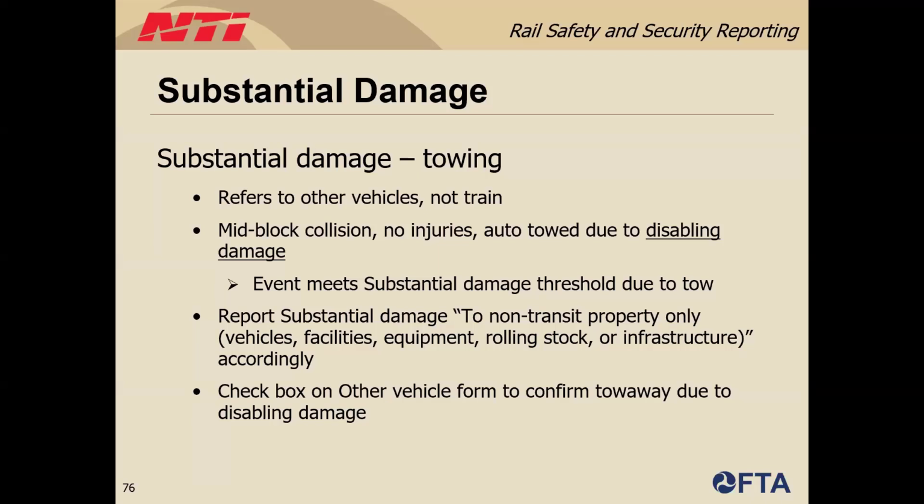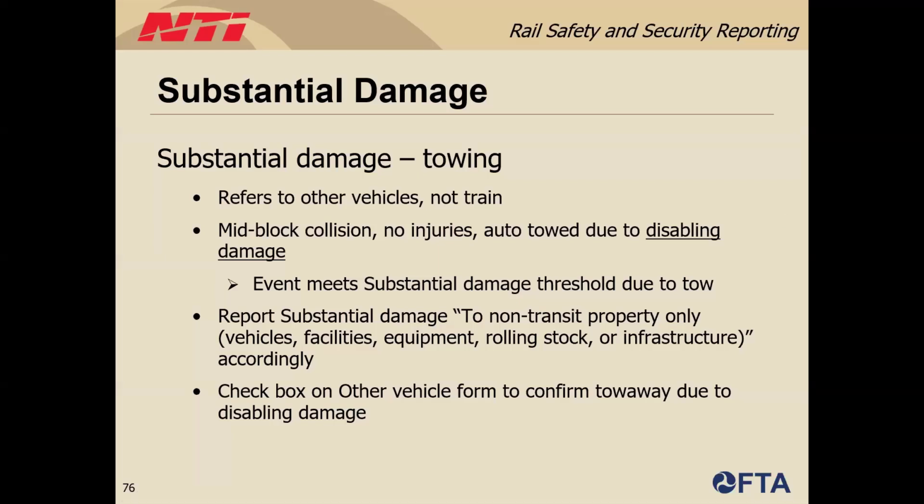You would select the substantial damage option on setup screen 2. And then from the list, there will be 3 identifiers to choose from, whether it was just a transit property, both transit and non-transit property, or just non-transit property. So then on the other vehicle form, you would also be sure to answer yes to the question, was this vehicle towed from the scene due to disabling damage as a result of the collision?